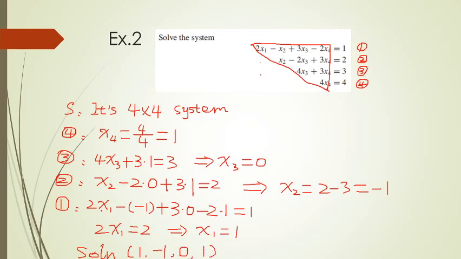And you can check, after you get the solutions, whether they satisfy all the equations simultaneously, right? If your solution doesn't satisfy all those linear equations, that means your solution is wrong. So it is pretty easy to apply back substitution to the strict triangular form.